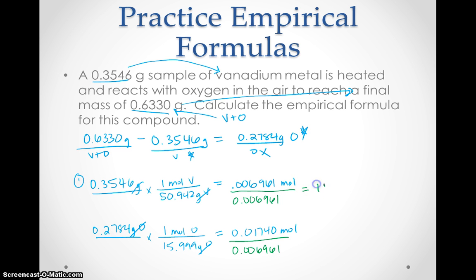This is going to get us 1 V in our formula, but this is going to get us a different number. When we take our 0.01740 and divide it by 0.006961, you get this time an answer of 2.50. In my formula, I can't have VO 2.5. I can't have a decimal place as my subscript.